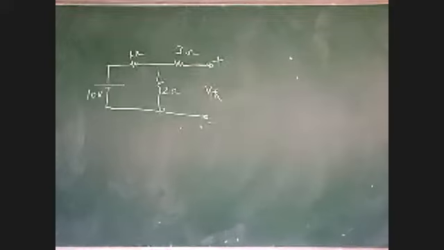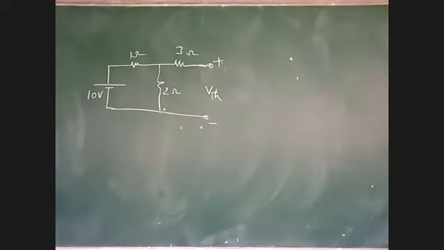Write down: in open circuit, current is 0 and voltage exists. Remember this point. That's why I opened that 4 ohms and took it as VTH, because current is 0 and only voltage exists there.